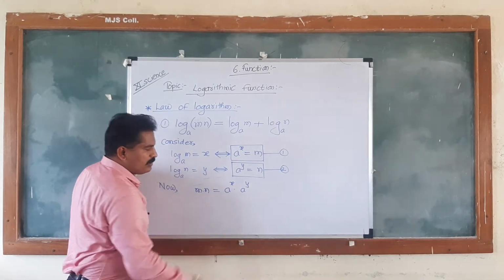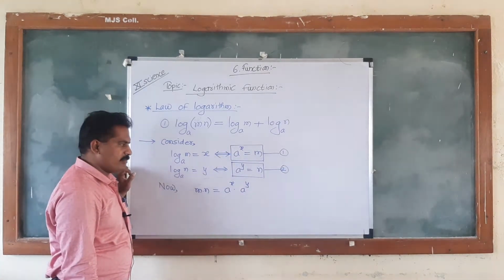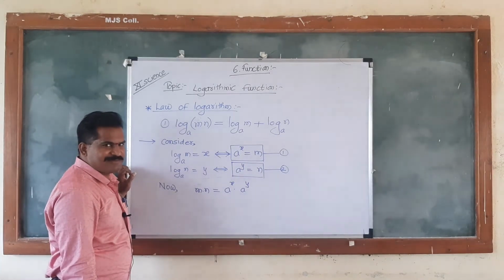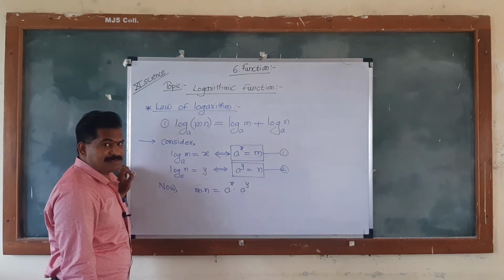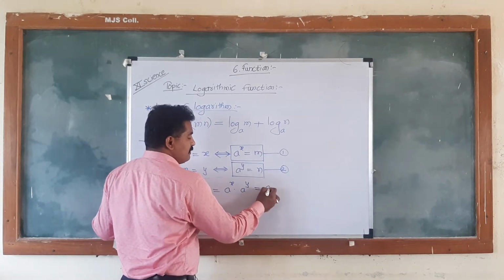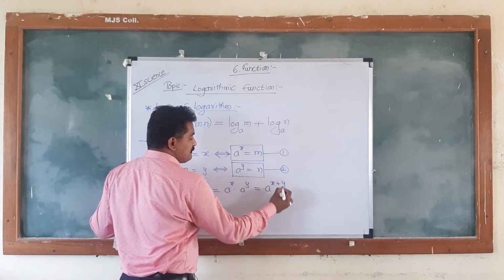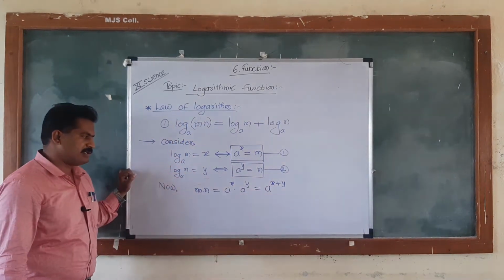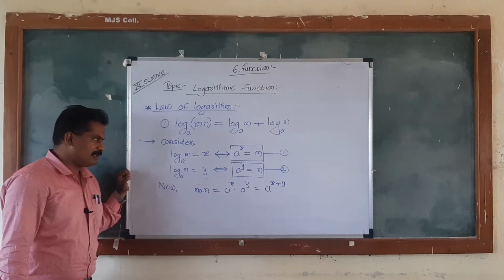If two exponential functions are multiplied with a common base, we know by the law of indices that it gives a raised to x plus y.